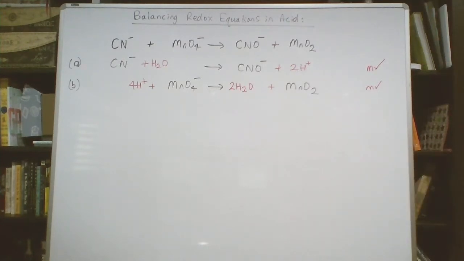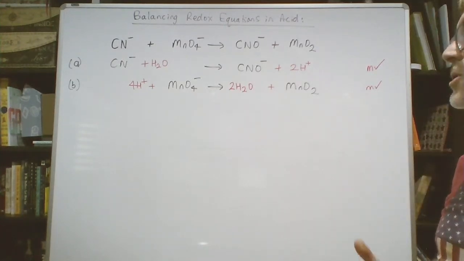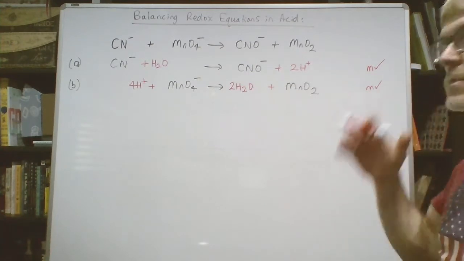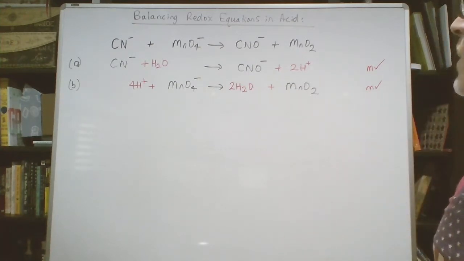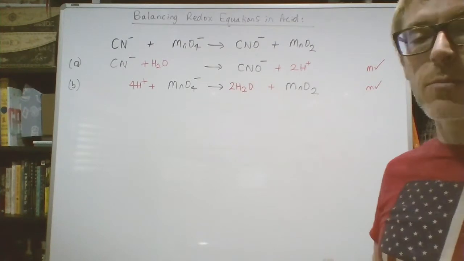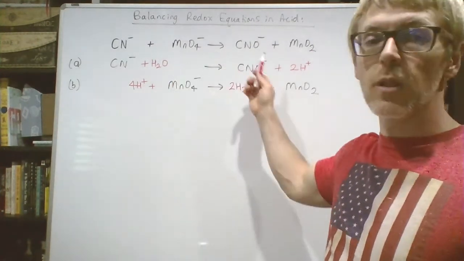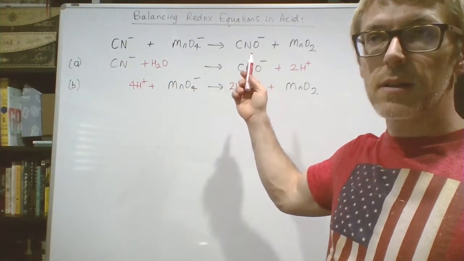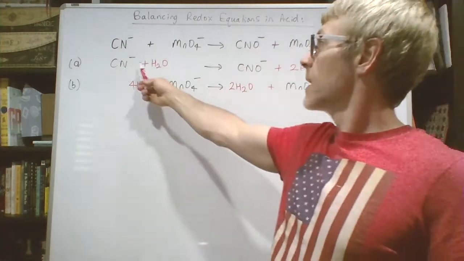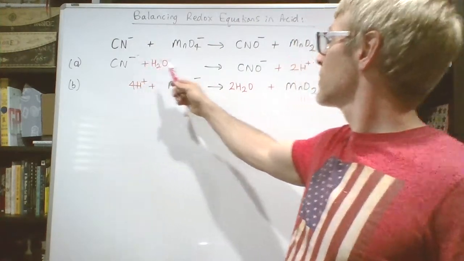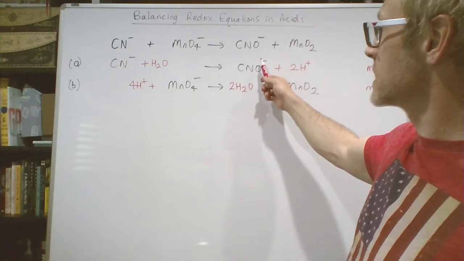Now you have to go in and balance the charge. Always balance the charge last, so always balance the mass first. Now we balance the charge. The charge doesn't have to be 0, it just has to be equal on both sides. Conservation of charge. I have a negative charge on the left, a negative charge on the right, that's great.